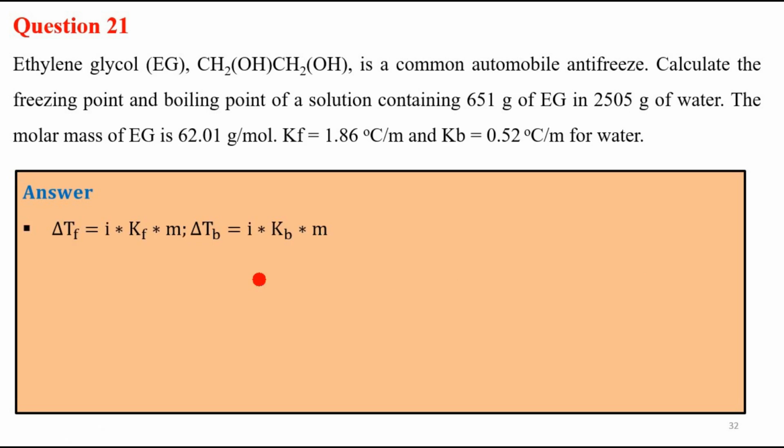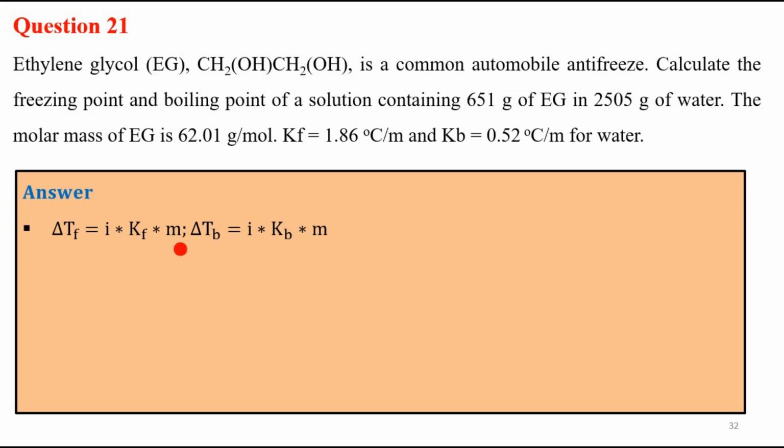We need to use the formula to calculate the change in temperature which will occur when the solid is added to the pure solvent. Here we have dTF, the change in temperature for the freezing point, which is equal to the Van 't Hoff factor times the freezing point constant times the molality.